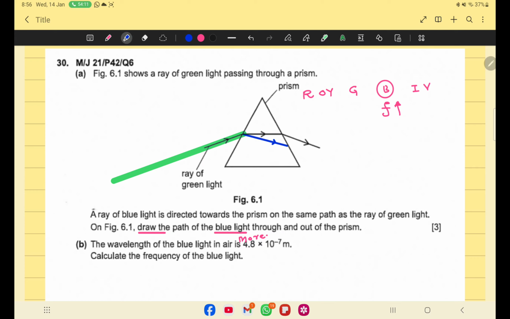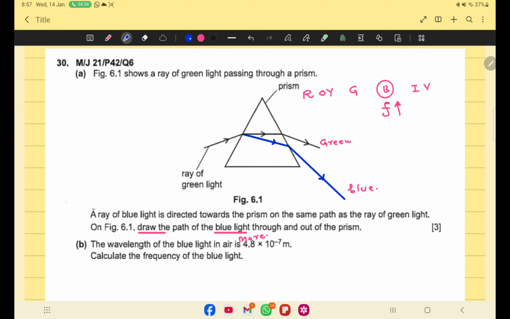I'm using blue color. This is blue light, and when it leaves the prism, it will bend more. So I can say this is green light and this is blue light.